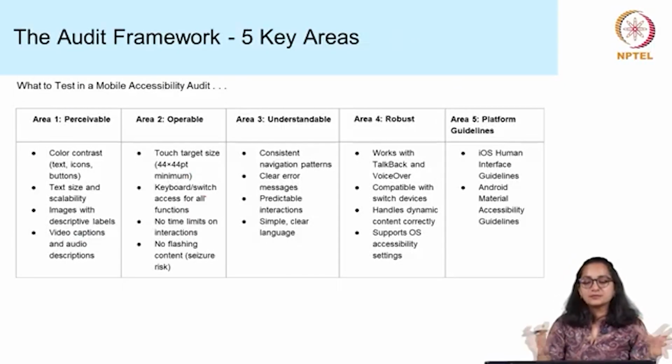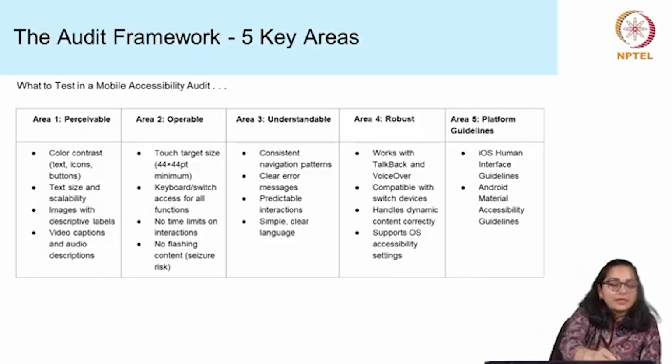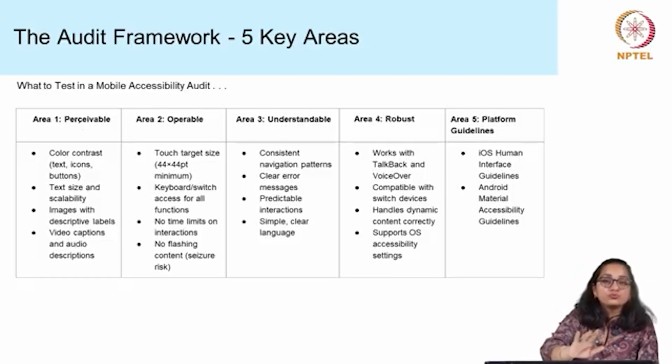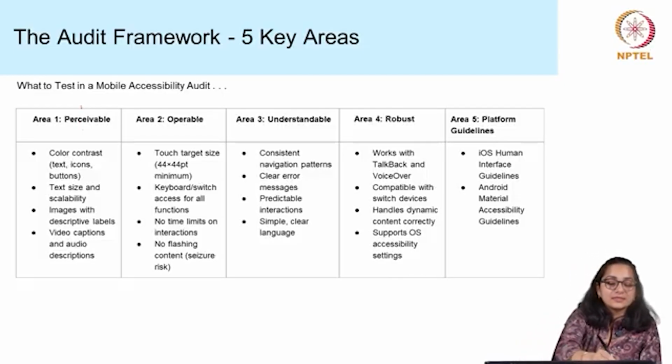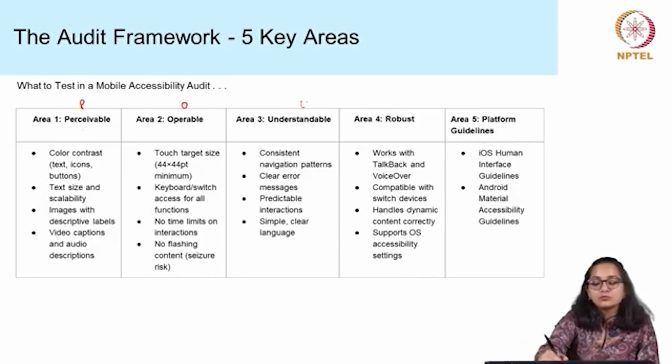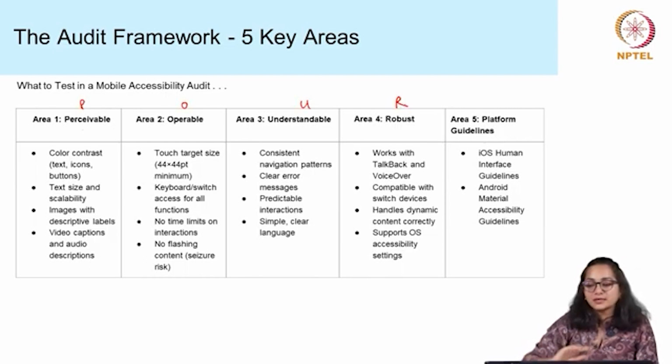So, this is basically your audit framework, and it has 5 key areas, 5 key verticals. Again, it is similar to your web digital accessibility, and the same POUR verticals are there. Apart from that, there are platform guidelines, so you can add one more.